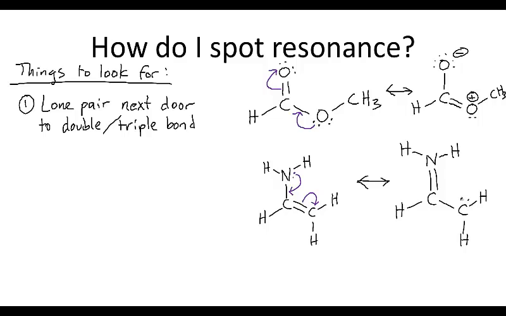The nitrogen essentially lost an electron in the process because it decided to share its lone pair. So it becomes positive, and the carbon becomes negative. So the first key thing to look for would be lone pair next door to a double or a triple bond.